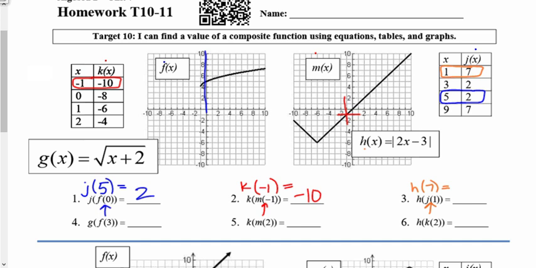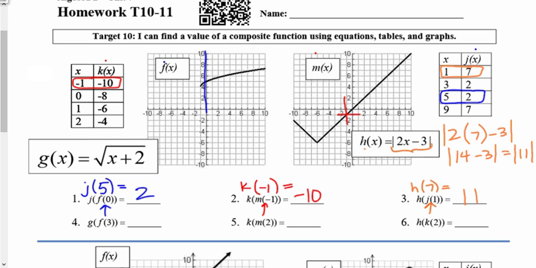So I'm going to do h of 7 by plugging in 7 for x into this equation. So 2 times 7, all in the absolute value brackets, minus 3. On the inside, I have 14 minus 3, which is the absolute value of 11, which is just 11. Don't forget, for the absolute value of any number, you take the positive version of that number.